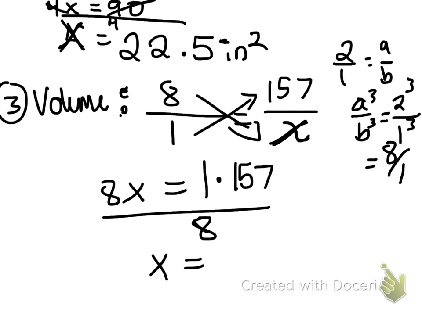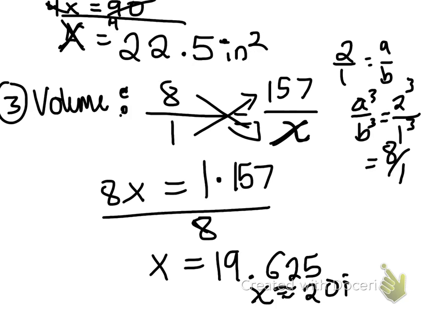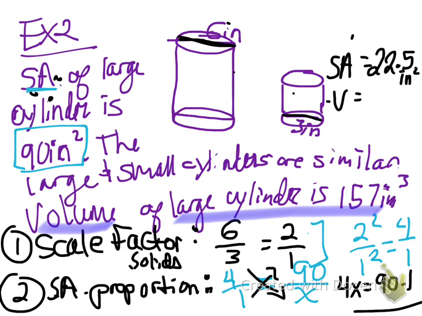So x equals 157 over 8. That's 19.625. So we can say that's about 20 inches. And this is going to be cubed because we're talking about volume. Volume is always in cubic units. So inches cubed. So let's go back here. So our volume equals 20 inches cubed.